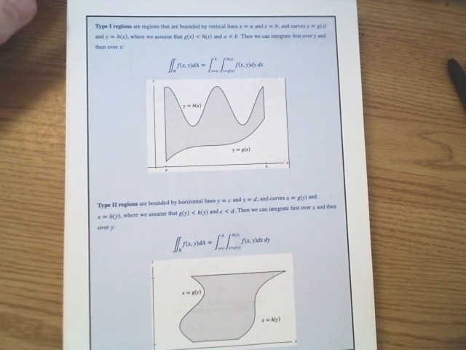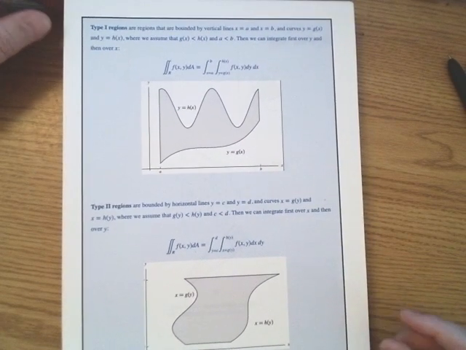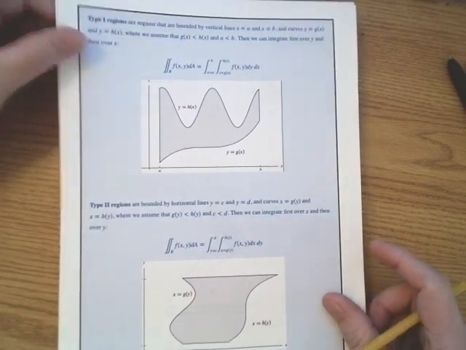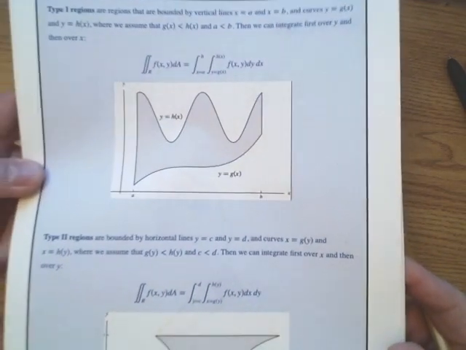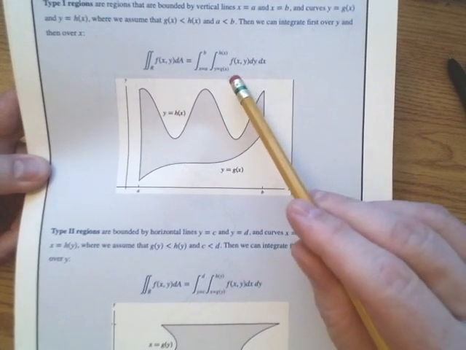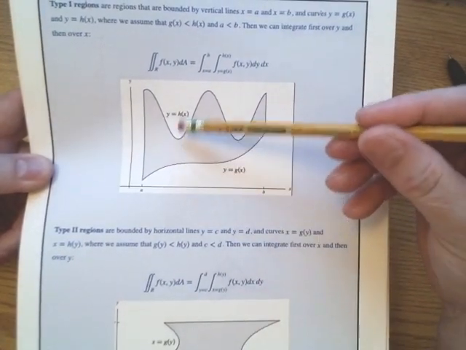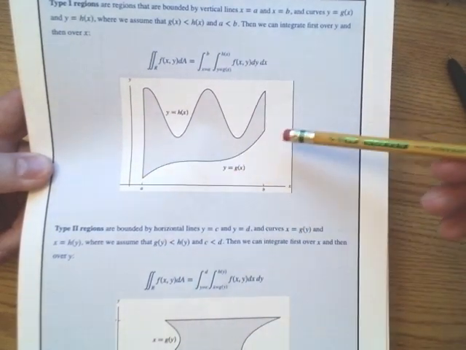This is easy to integrate in the y direction first and then the x direction second. If I were to integrate some continuous function of x and y over this, you'd want to integrate in the y direction first and then in the x direction.